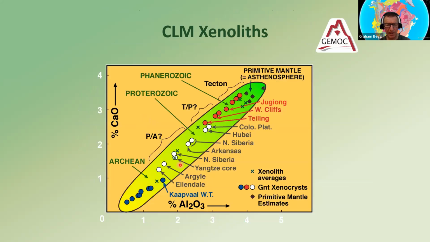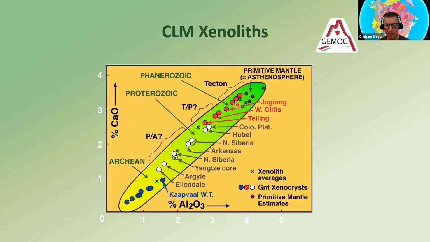If we look at mantle xenoliths, calcium versus aluminium, these are xenoliths from under Archean terrains down the bottom here, and they're very depleted. And they're also very low in iron. Whereas under our Proterozoic terrains, we have a slightly more fertile composition, higher in calcium and aluminium, and also higher in iron.